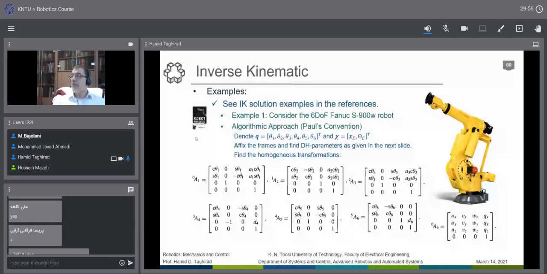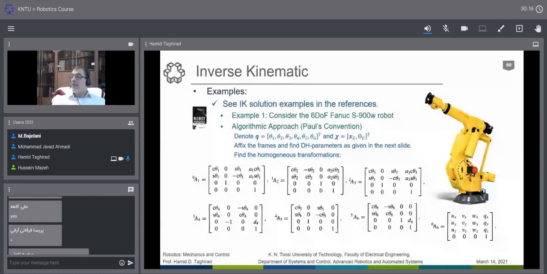This is a 6R manipulator, so we have theta 1 to theta 6 as the unknown variables for inverse kinematics, and we have the position and orientation of the end point, which is the point that the end effector is reaching, up to here.